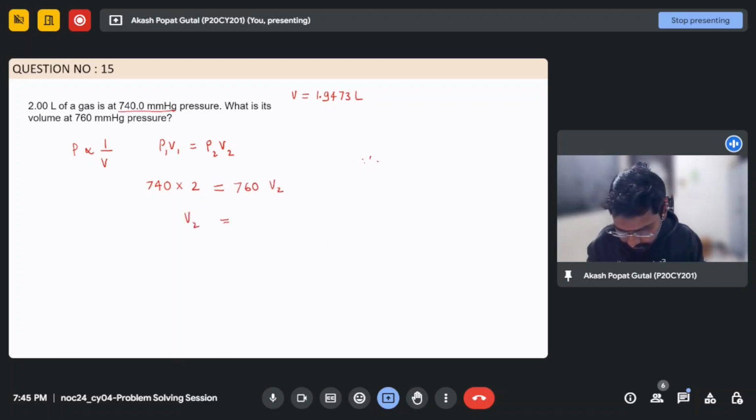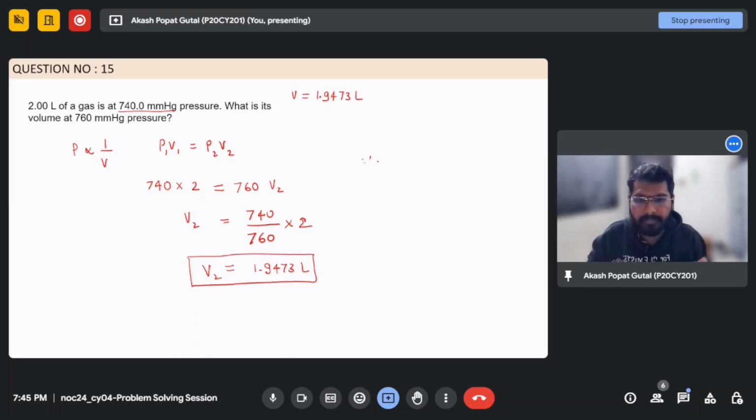So it should be 740 divided by 760 times 2. That will give you the answer 1.9473. Fine.